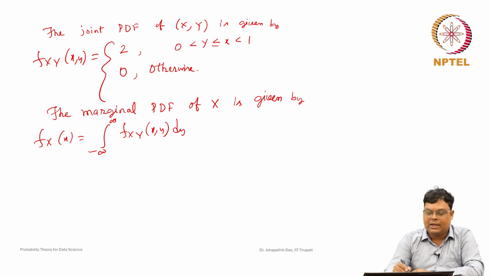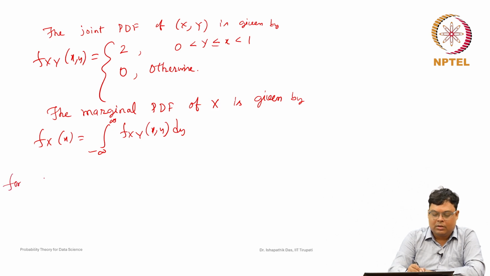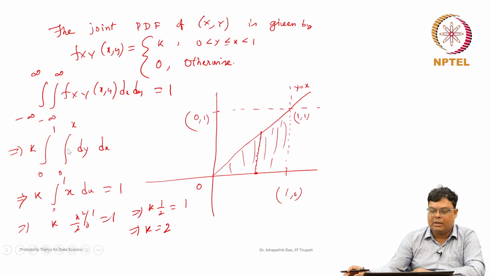Now this joint density function is non-zero in this region. For x between 0 and 1, y can go from 0 to x.